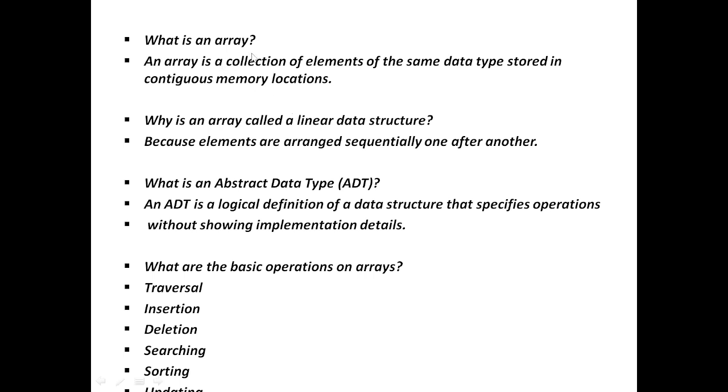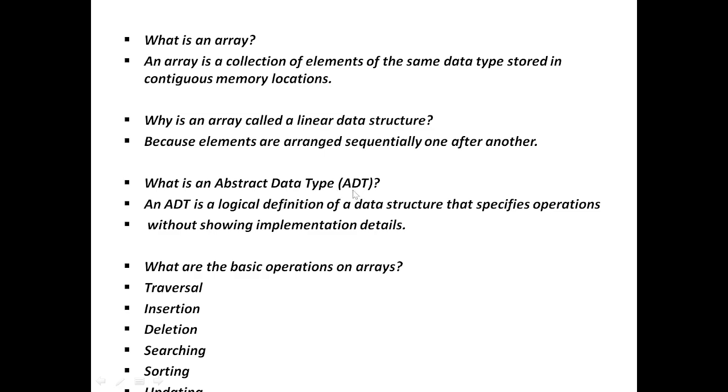Next question is, what is an array? An array is a collection of elements of the same data type stored in contiguous memory locations. Why is an array called a linear data structure? Because the elements are arranged sequentially, one after the other. What is an abstract data type, or ADT?